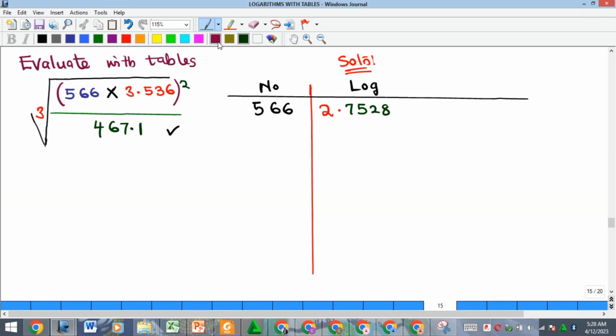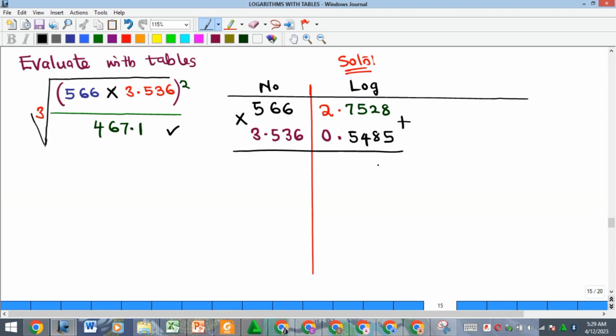So we go for the next. The next is 3.536. The characteristic of this is 0, and then the mantissa, you check, you have 5485. Because there's multiplication for the two of them, in multiplication we will add.